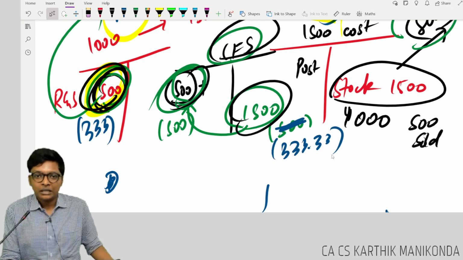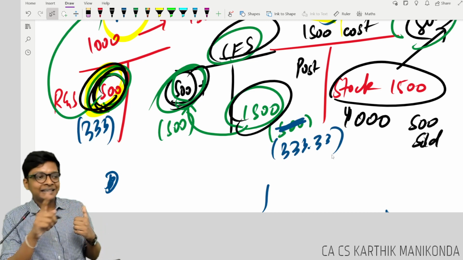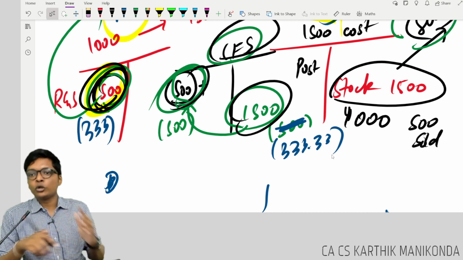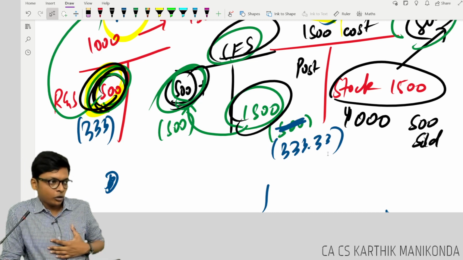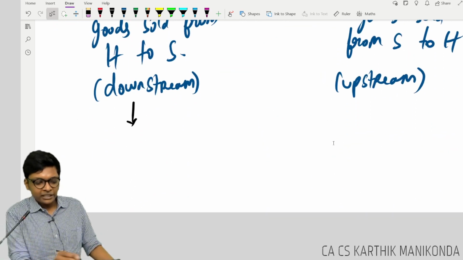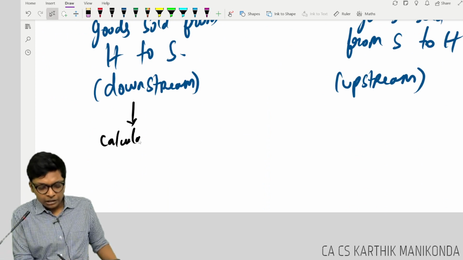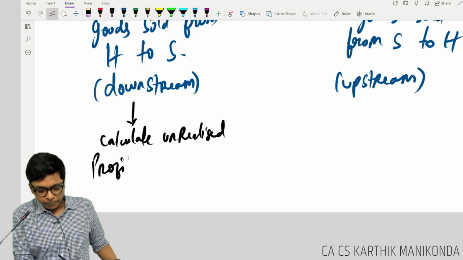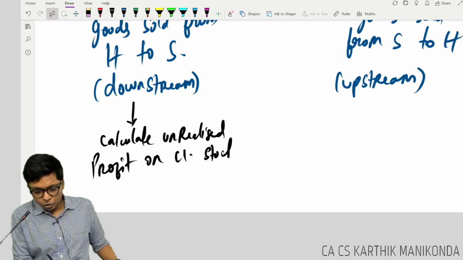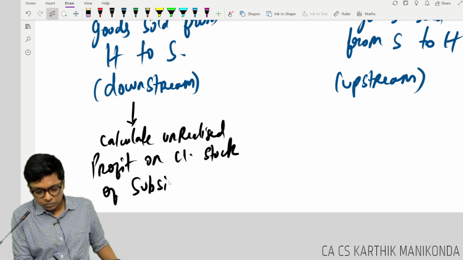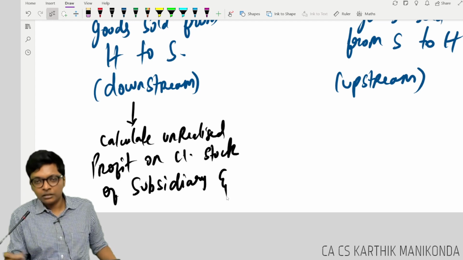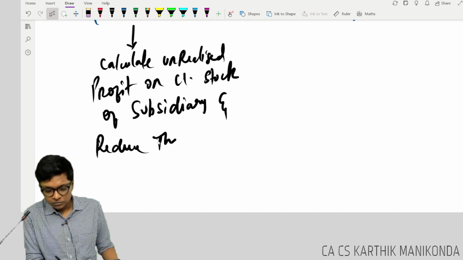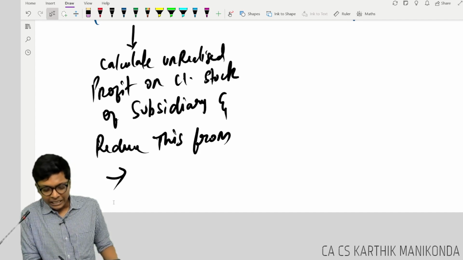Are you following? We did the same thing in branch accounts, the stock and debtors method. Over there, we created stock reserve for the closing stock. Do you remember, guys? Everybody? Hello? Following? So here you write down: calculate unrealized profit on closing stock of subsidiary and reduce this from two places.